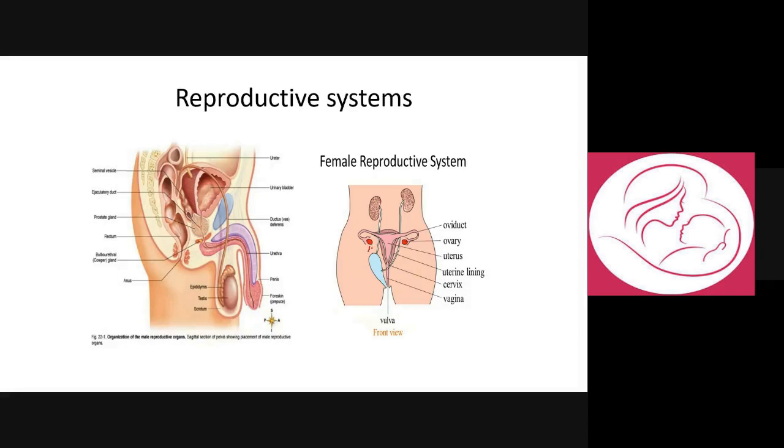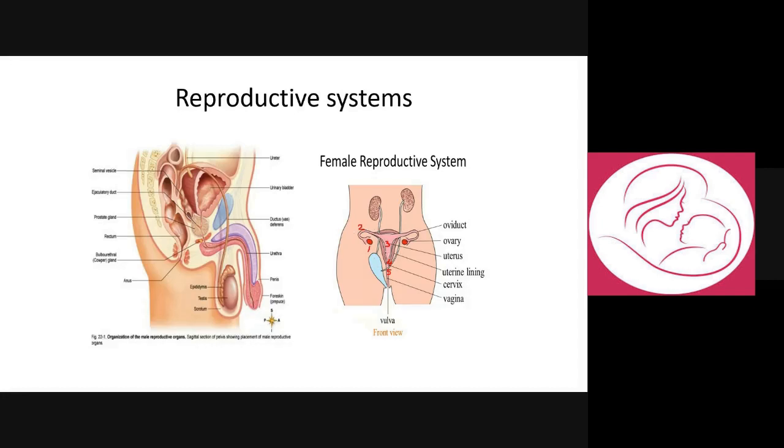The third can be in your uterus itself, in terms of the lining and the environment. The fourth will be in your cervical canal and the cervix itself. And the fifth can be in your vaginal passage. So these are the 5 areas where a woman can have a problem. Some women can have a problem in more than one area as well.